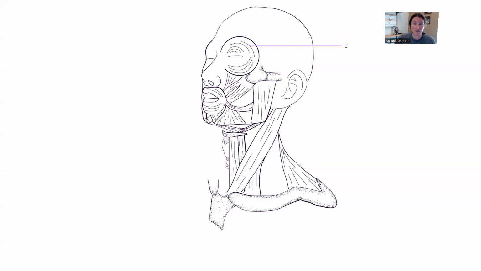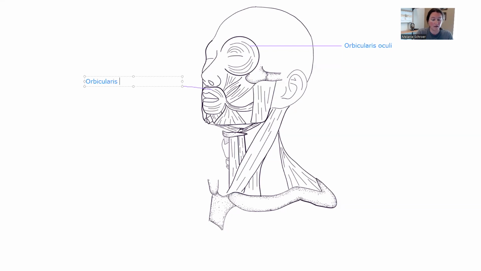First of all, this muscle here that's around the eye is called the orbicularis oculi. And that is one that gets kind of confused all the time. It's the orbicularis oculi. Orbicularis oris, on the other hand, is going around the mouth. So definitely take care to note which one you're talking about. So orbicularis oris, oral, going around the mouth.